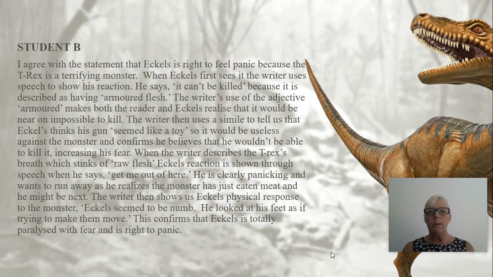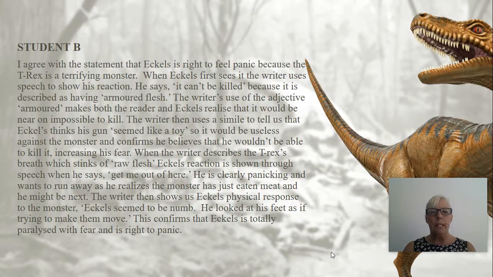The writer then uses a simile to tell us that Eccles thinks his gun seemed like a toy, so it would be useless against the monster, and confirms he believes that he wouldn't be able to kill it, increasing his fear.